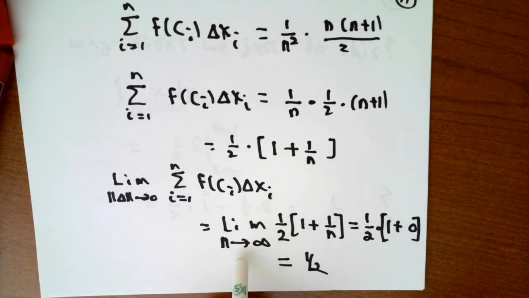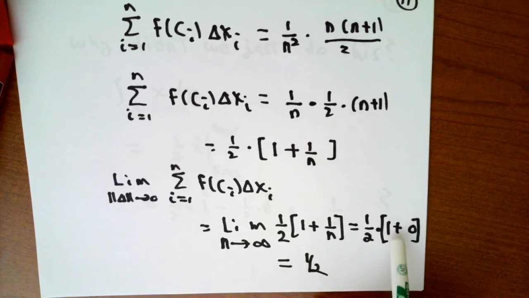As n tends to infinity, 1 over n tends to 0, and 1 is a constant, so it's unchanged by whatever n is doing. This limit is 1/2 times 1 plus 0, which is 1/2, as we expected it to be.